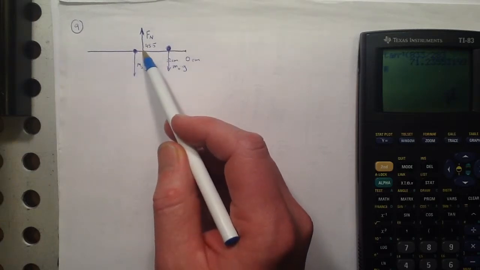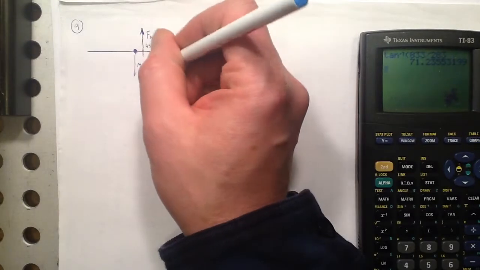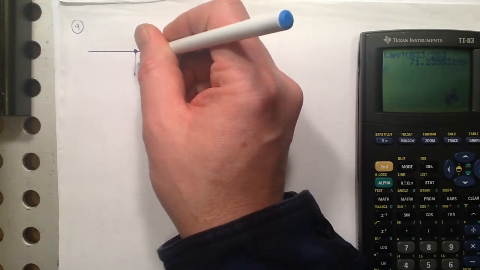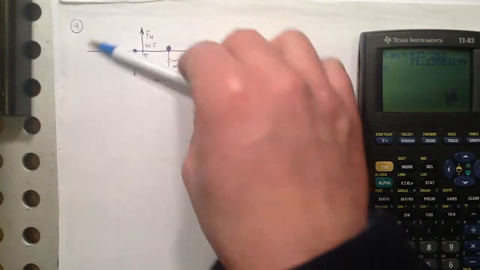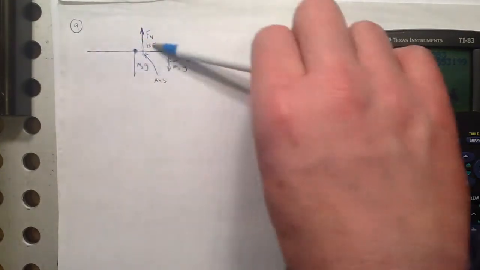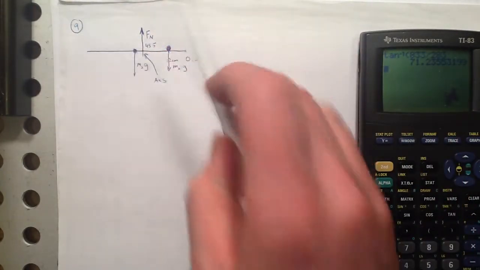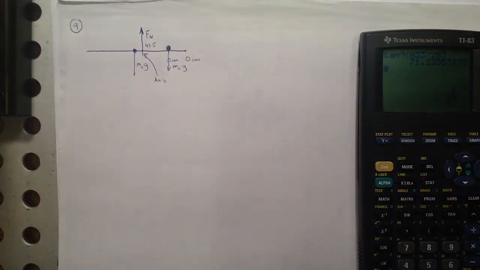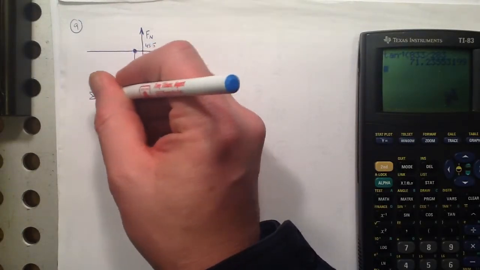So let's think about that. If I chose that for the axis, then the two torques, that'd be this torque, if I make this the axis right here. This torque would want to make the stick rotate this way, right, because it's on that side of the axis. This torque would want to make it rotate this way. So those two torques, since it's balanced, have to be equal.